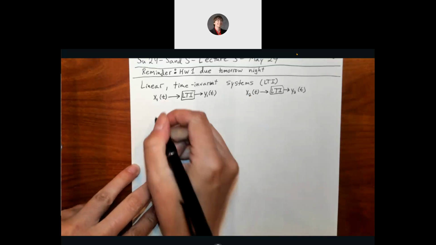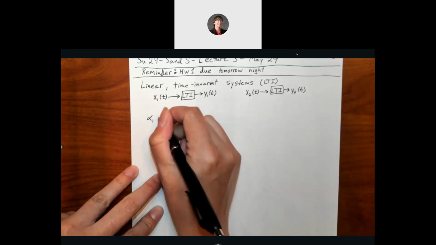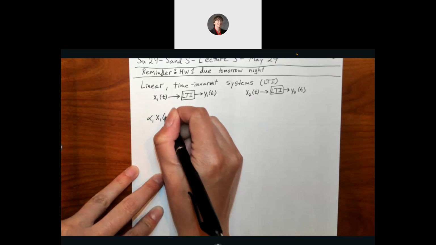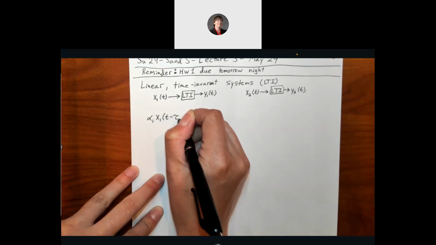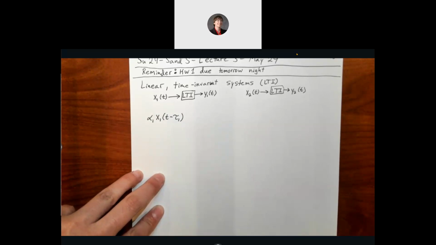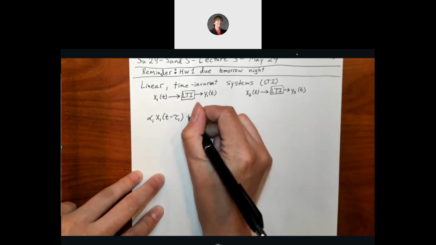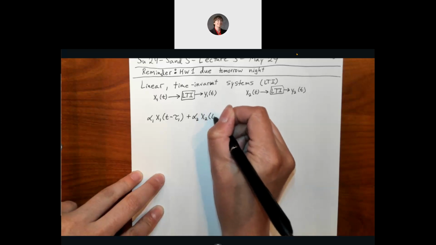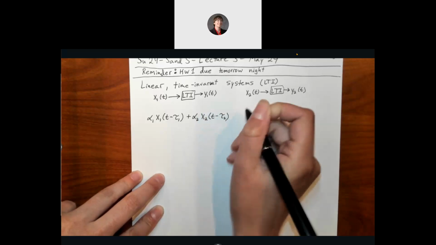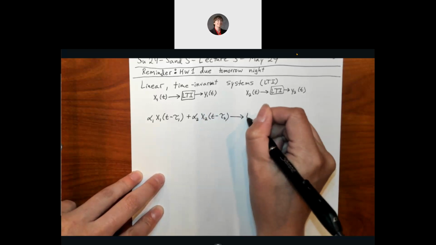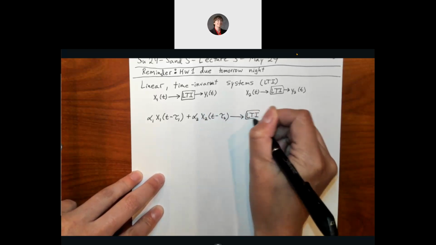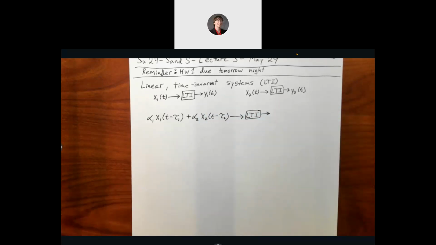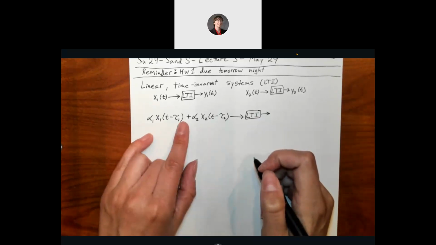So let's take a look at an example there. We'd say we scale our first input and we time shift it. And I combine this with my second input, which is also scaled and time shifted. Now, if I put this into an LTI system, then I can take each of these individual components.